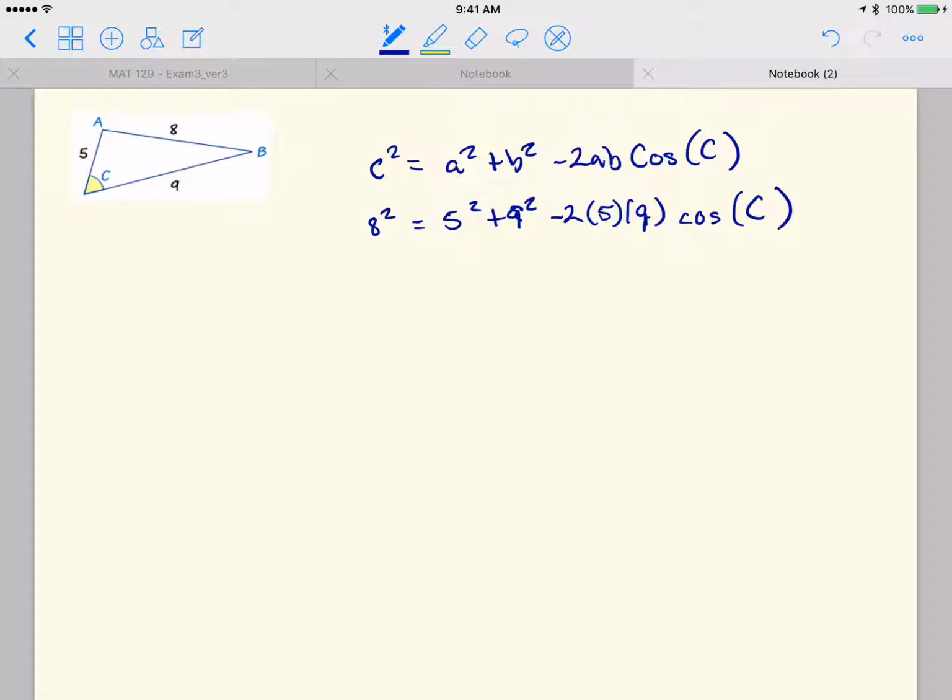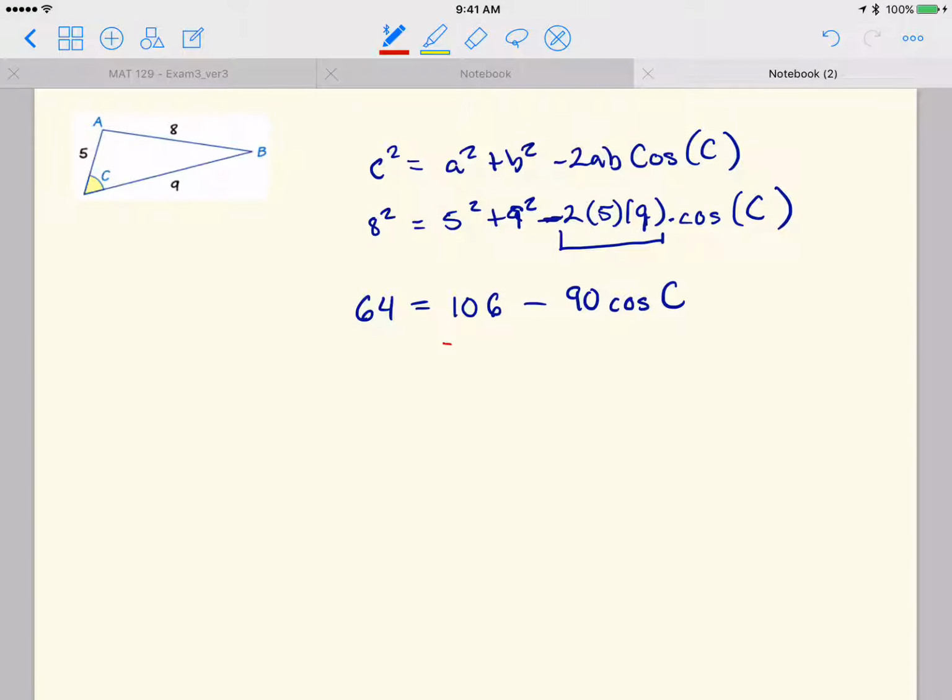Now, do your algebra, folks. This is a minus. When you're doing algebra, you add and subtract stuff over before you divide. And all of this stuff here is being multiplied by cosine. So if I work this out, 64 equals 106 minus 2 times 5 is 10 times 9, that'd be 90 cosine of C. So what do I do?